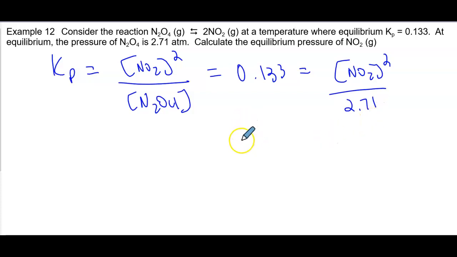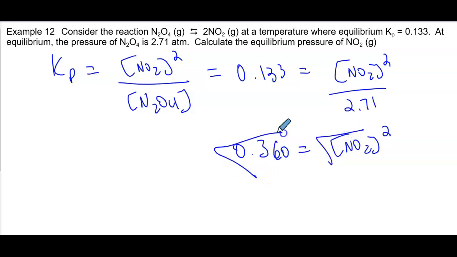So now I'm going to solve this by multiplying these two numbers. So 0.133 times 2.71, and I get on my calculator 0.36 equals NO2 squared. So I'm going to take the square root of both sides. I'm going to square root that, and I get 0.60 is equal to the pressure of NO2.